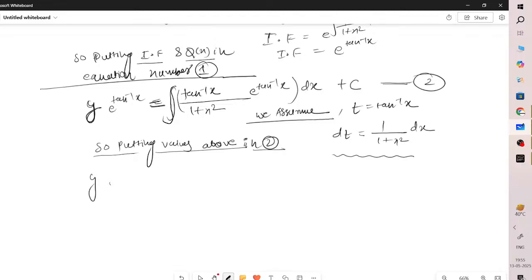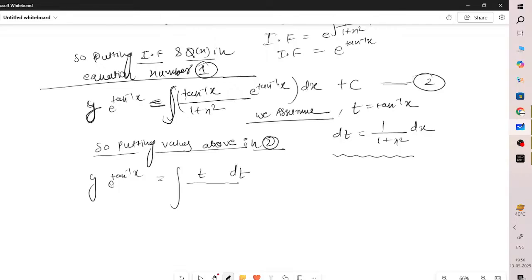So what do we get? y times e to the tan inverse x. For this tan inverse x, we write t. And we know that 1 by (1 plus x square) dx is dt, so we can write dt in the place of this.